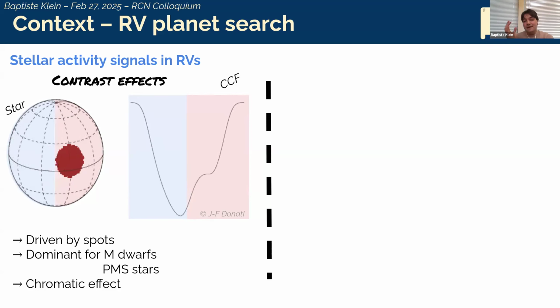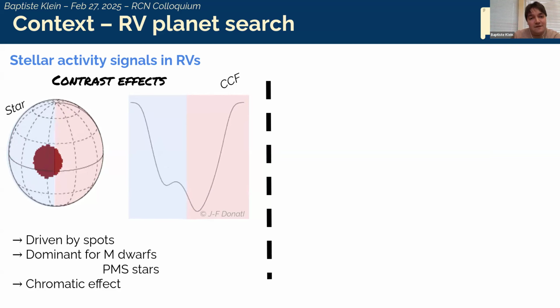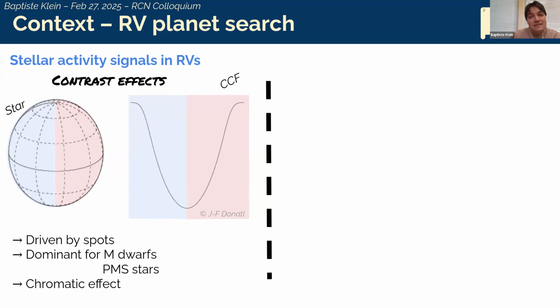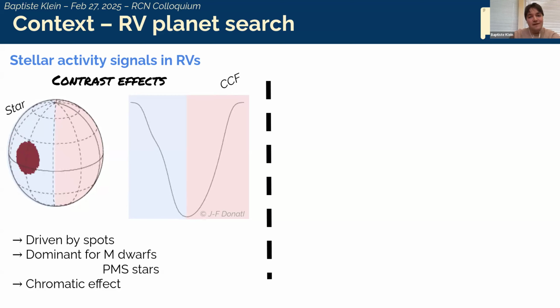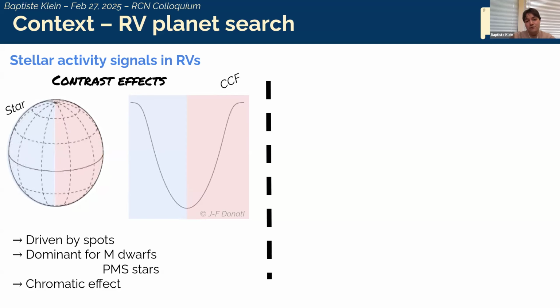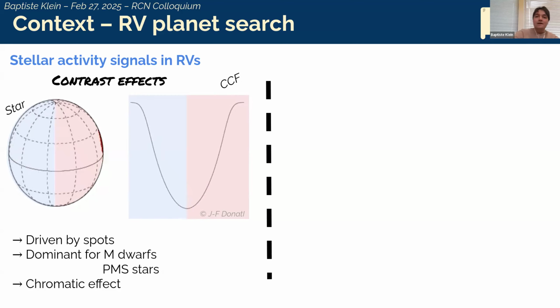This contrast effect is more dominant for spot-dominated stars, so mostly active M dwarfs and pre-main sequence stars. This effect is chromatic and decreases with wavelength, being quite small in the near-infrared. I will not really talk about near-infrared follow-ups today; I will really focus on Sun-like stars. But in the near-infrared, you're also sensitive to the Zeeman effect, so it's not because you're going to the near-infrared that it's easier to find your planets.